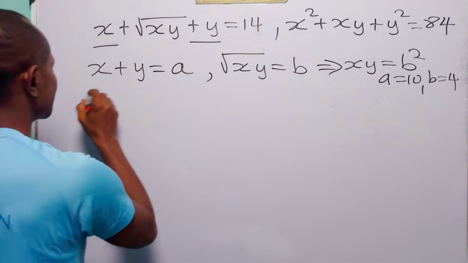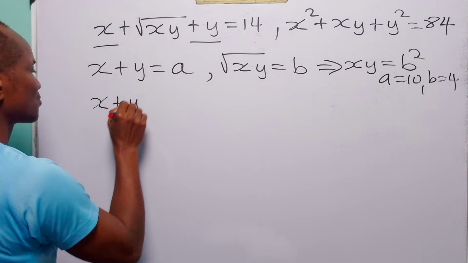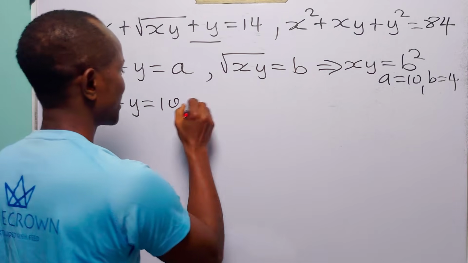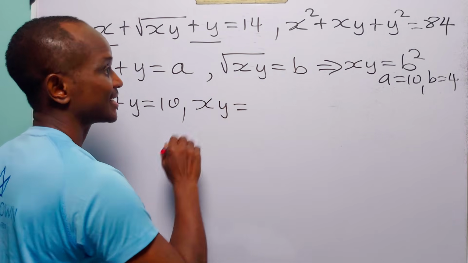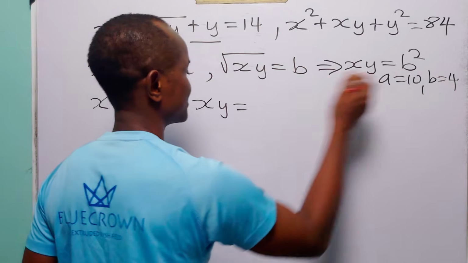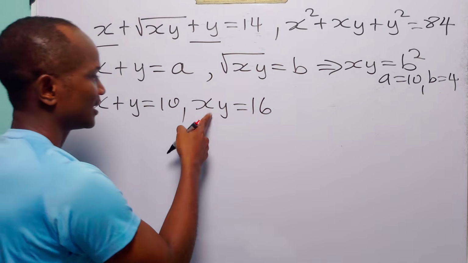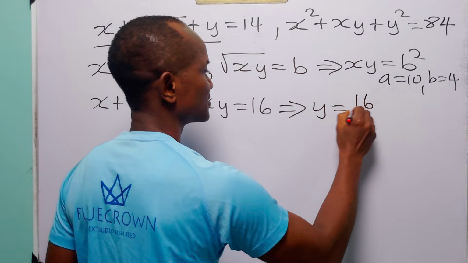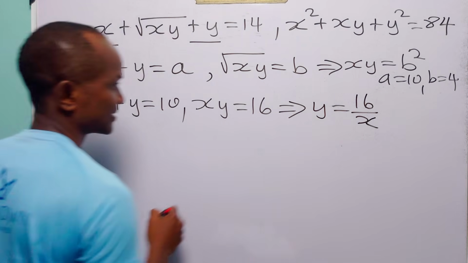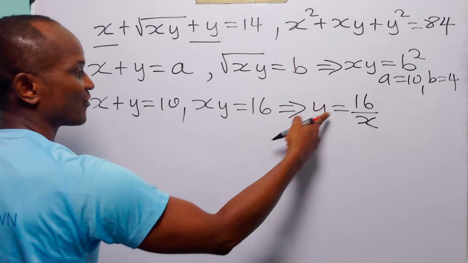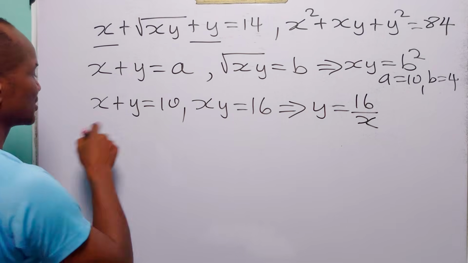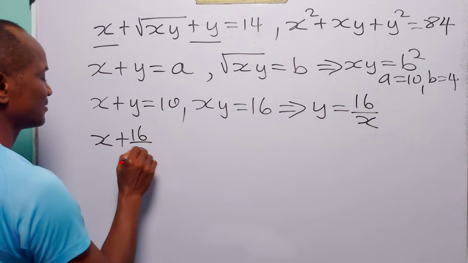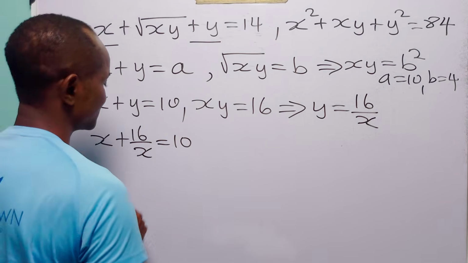And from here, we have that x plus y is equal to 10, while xy is equal to b squared, that is 16. Now, from this second equation, we have that y is equal to 16 over x. Substituting 16 over x for y in the first equation, we have x plus 16 over x is equal to 10.